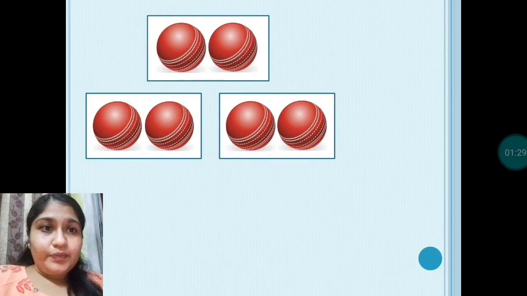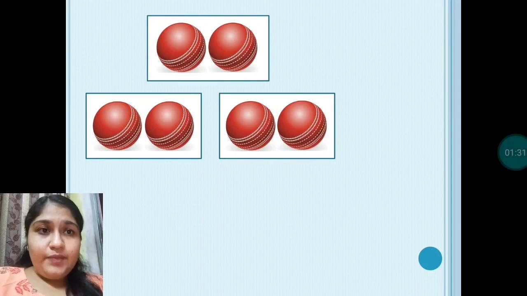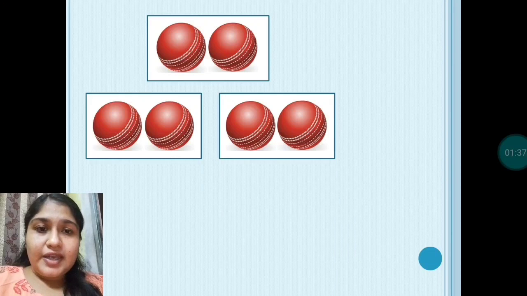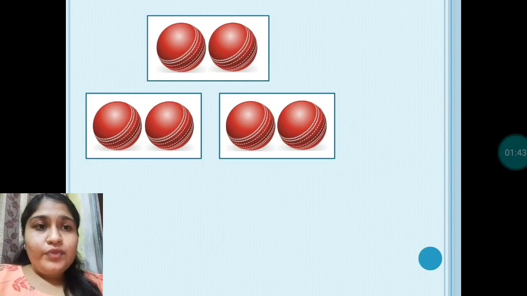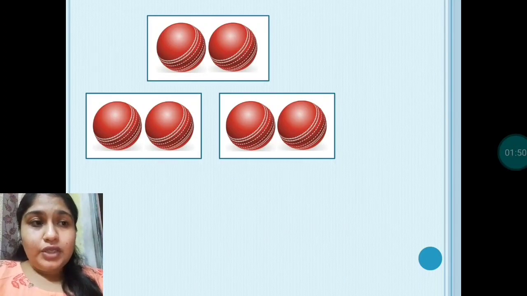As you can see, these are pictures of balls. How many pairs are there? 3 pairs are there. And in one pair, how many balls are there? 2 balls are there. So in every pair, 2 balls are there. So we have to count it according to the group.